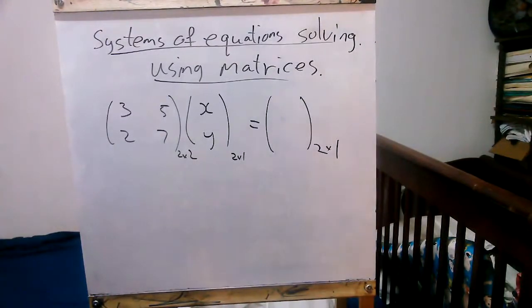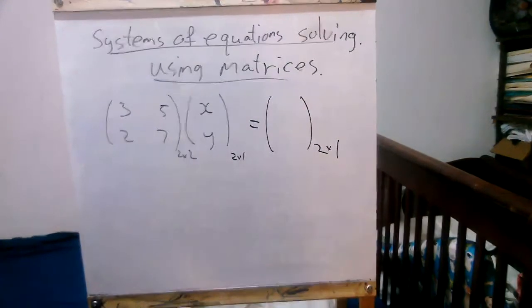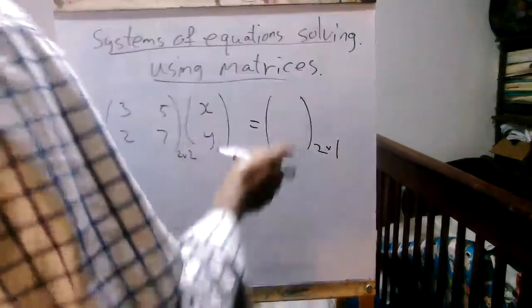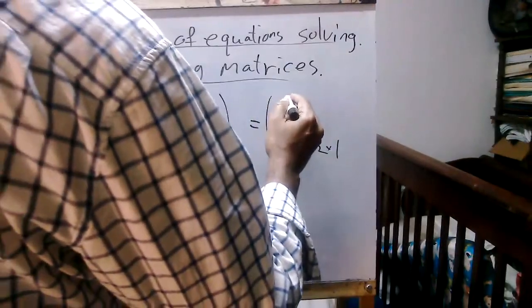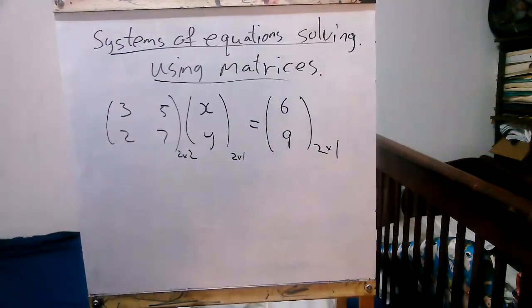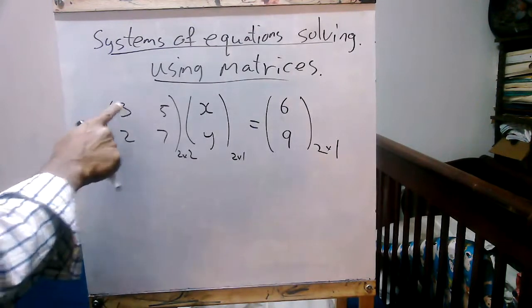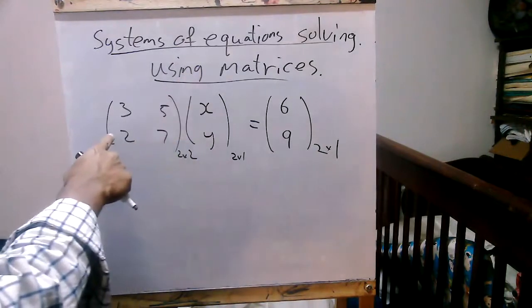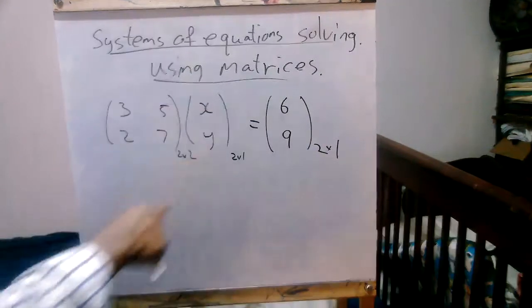Right. Now we can do an equation. This is a matrix equation. Let's see what the meaning of this is. We know how to do multiplication for row times column.